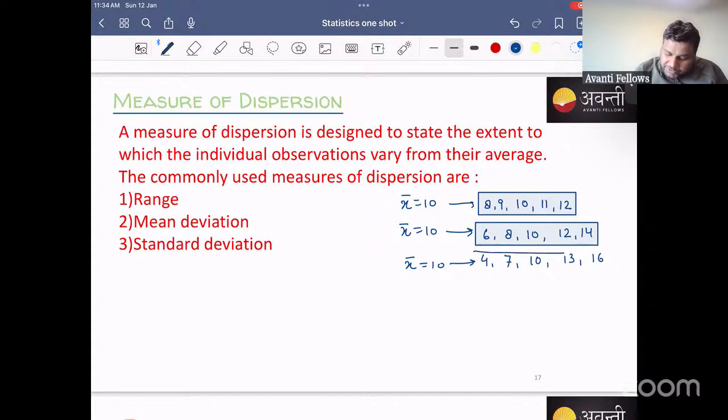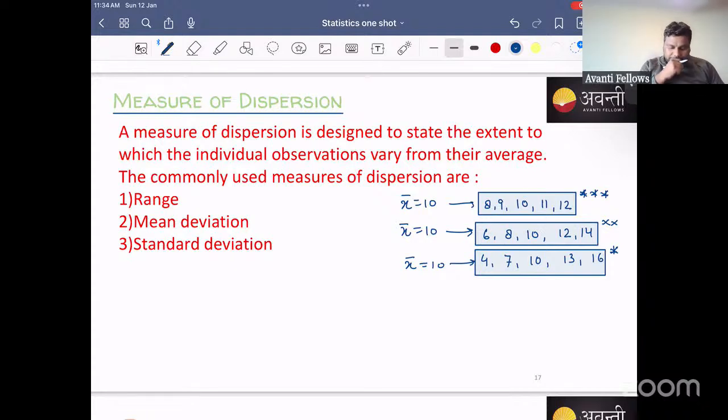This one is even more unpredictable. He is getting 4 runs in one match, 16 runs in another match, maintaining mean as 10. So this will be considered as the best batsman with very less deviation from its mean. This will be a little less better, and this is not a good batsman because his scores are highly deviated from its mean.